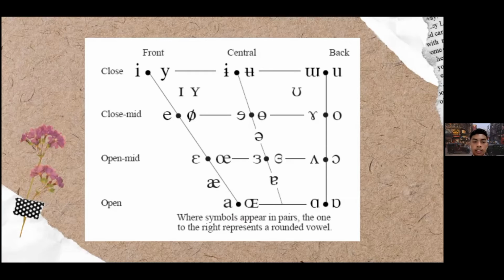I. I. The central vowels. Please note that central vowels are by far the most difficult to pronounce, so please don't be strict with my pronunciation of those. The central vowels.